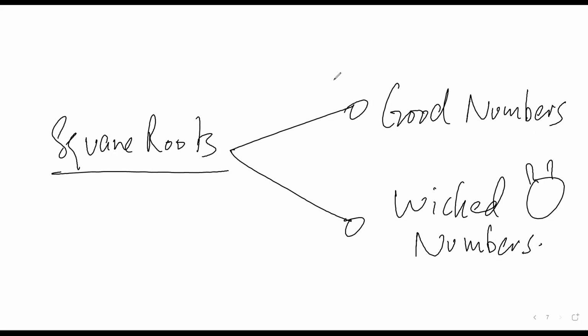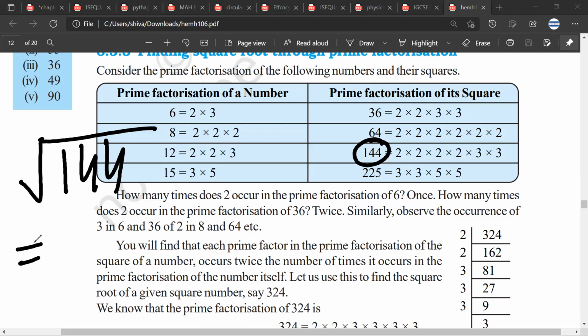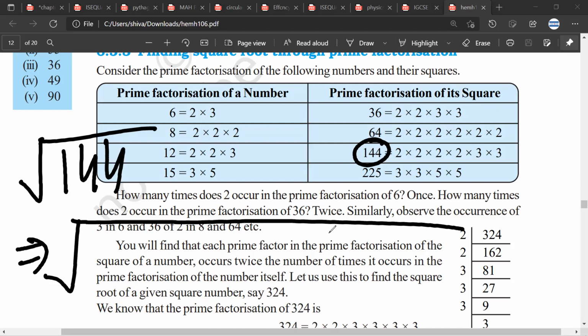Let's deal with the good numbers first. Let us take another example, this number 144. I want to find the square root of 144. Again, I do the prime factorization. The prime factorization happens under the umbrella. Please do not forget it, or you will have to look at the video again.